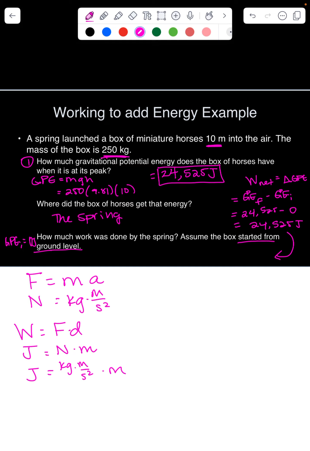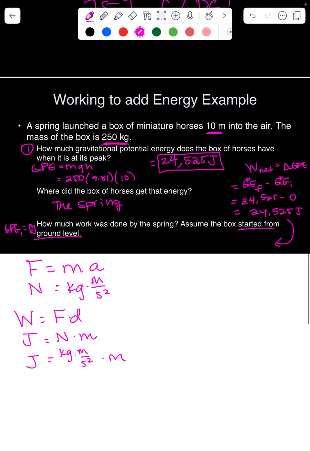Whenever we started talking about kinetic energy, we saw that kinetic energy is 1/2 mv squared. So that's a kilogram. Velocity is meters per second, so we have meters squared per second squared because we squared it. Say we factor out one of those meters.